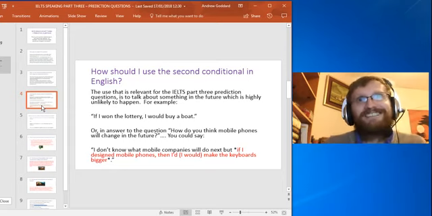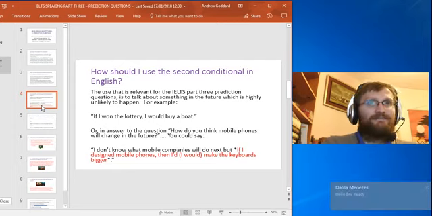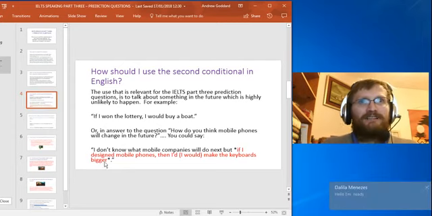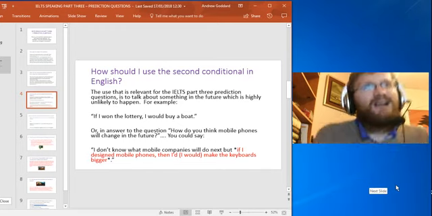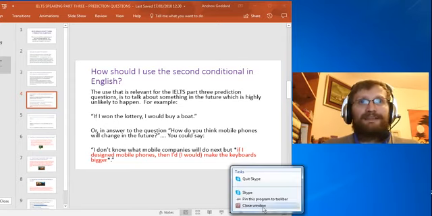Wouldn't we all like to buy a boat? Or, in answer to the question, how do you think mobile phones will change in the future? You could say, I don't know what mobile phone companies will do next, but if I designed mobile phones, then I'd make the keyboards bigger.